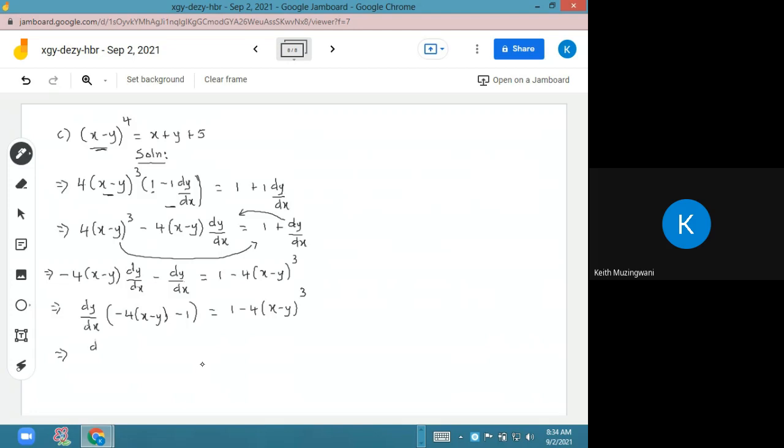We remain with dy dx is equal to 1 minus 4 times x minus y to the power 3 over negative 4 times x minus y minus 1. So this is the derivative.